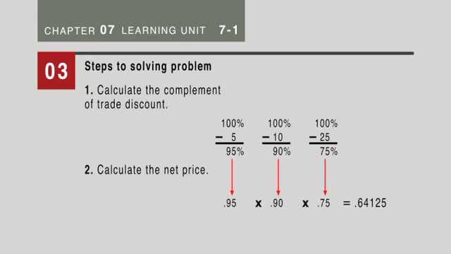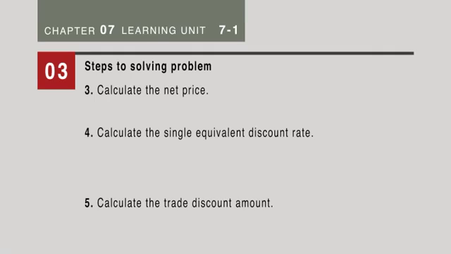It means for each $1 you are spending, you are actually only paying roughly 64 cents on the dollar. In step 3, the original price is $12,000 times the net price equivalent rate, 0.64125, gives us a net price in this case of $7,695. Remember, thou shalt never round the net price equivalent rate.